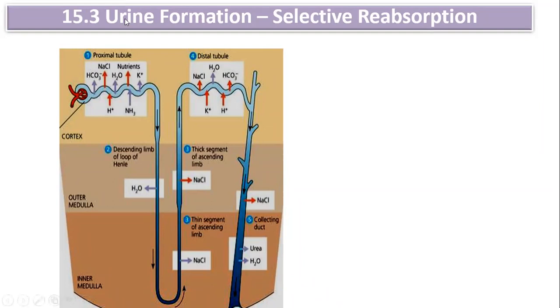You can see this is called the proximal convoluted tubule. I hope you remember that the proximal convoluted tubule is lined by cuboidal epithelial cells with microvilli, which increase the absorptive surface area, and they are involved in absorption of various substances by a process known as reabsorption.